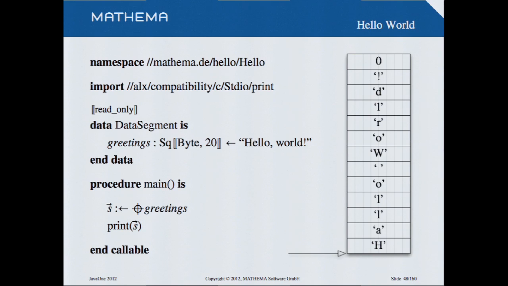And then you use the target operator for the greeting, so they have the address, and then you give the address to the print, and the print will go through the byte sequence until it sees the 0. In most of the cases, you will use simply your Java stuff. So if you have, let's say, a real string, then it will be a reference to a string. So 4 bytes will be reserved for this string.